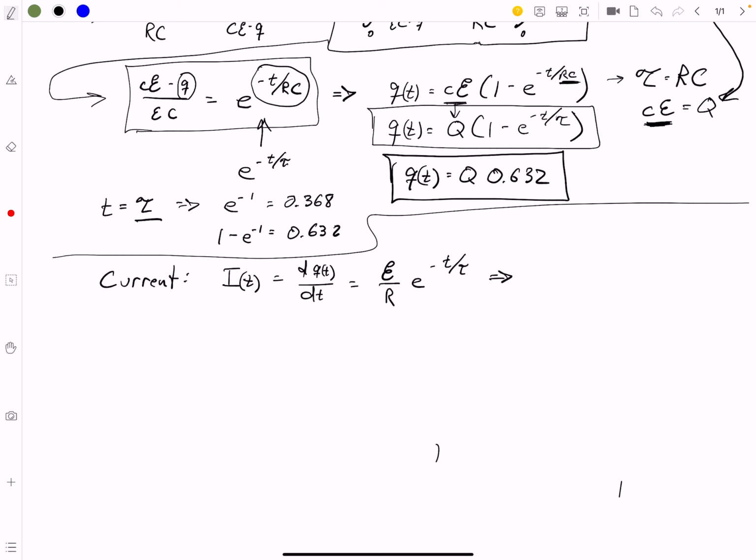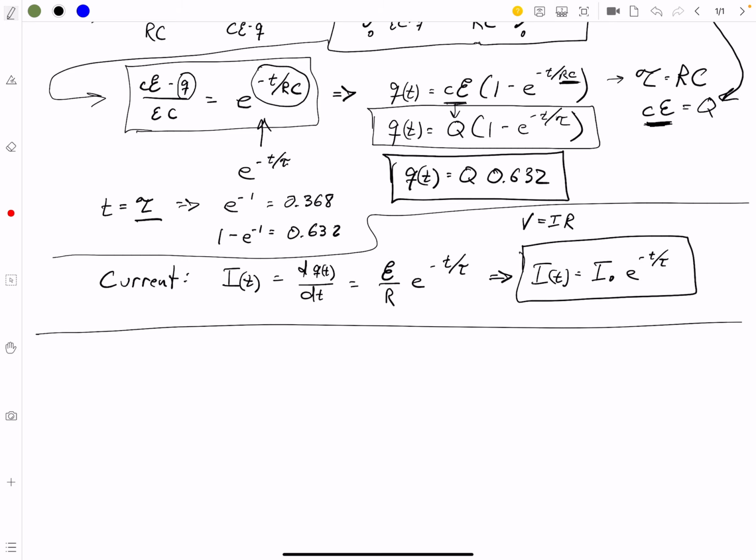Well, you can rewrite that because V equals IR. You've got to remember your EMF is a voltage, okay? So we get our I naught e to the minus t over tau. And we're done.